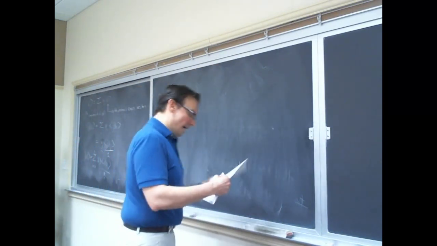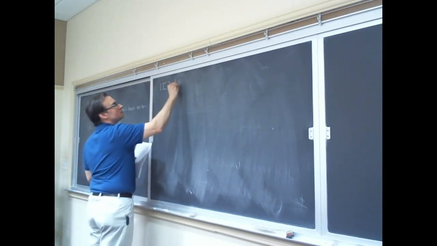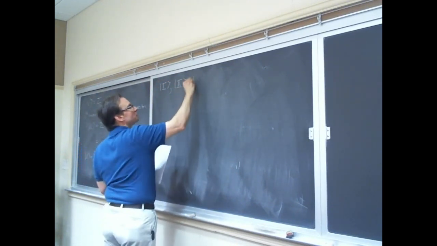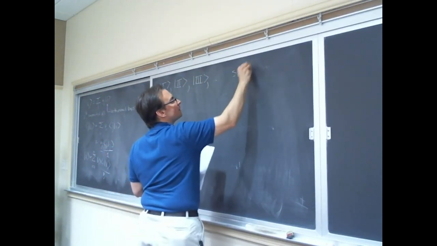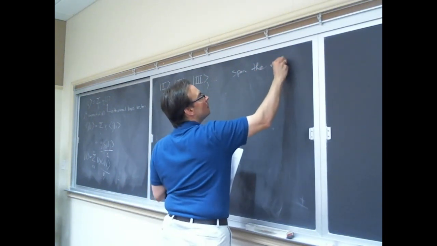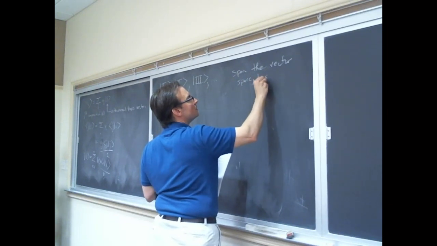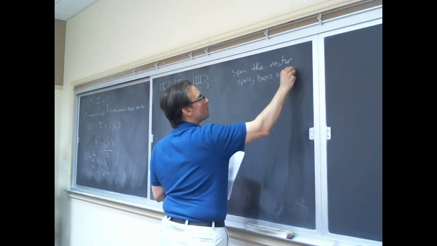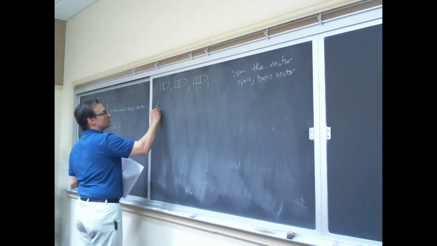So let's say we have a set of vectors Roman numeral 1, Roman numeral 2, Roman numeral 3, etc., that span the space and are basis vectors. Now, they're not necessarily orthogonal to one another, and they're not necessarily unit length. And you want to get a set of orthonormal basis vectors from this set of basis vectors. The way you do this is you apply the Gram-Schmidt procedure.